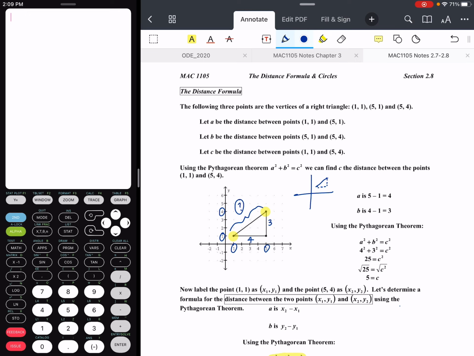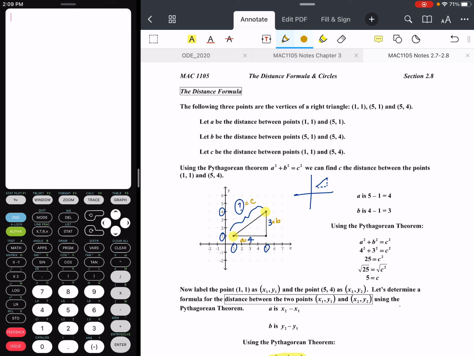Now we know for a right triangle, we have the formula a squared plus b squared equals c squared. So let's say a equals 4, b equals 3, and then the hypotenuse of this triangle is c. So really we're trying to find c, the distance, right, between those 2 points, that diagonal distance.